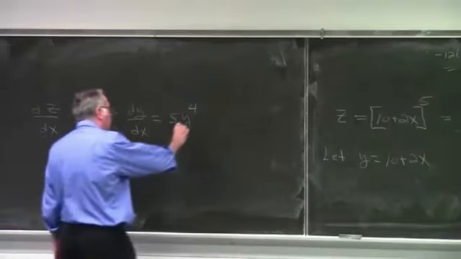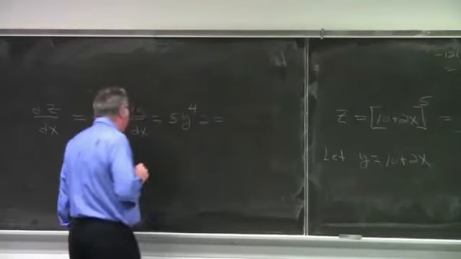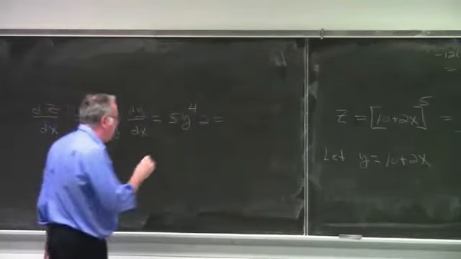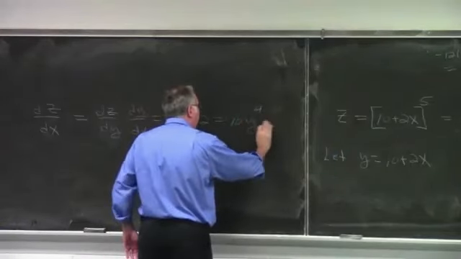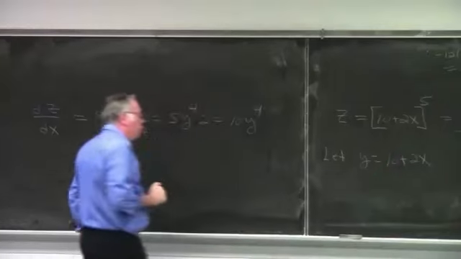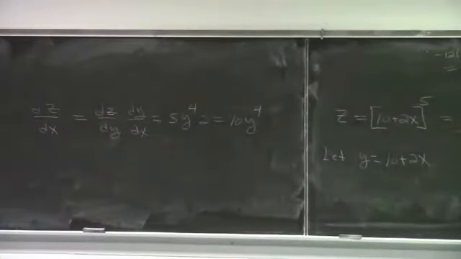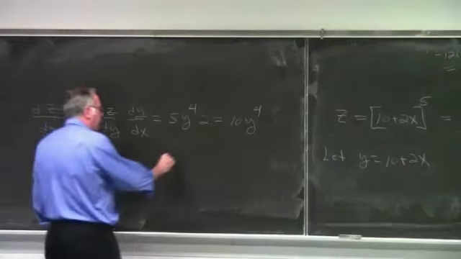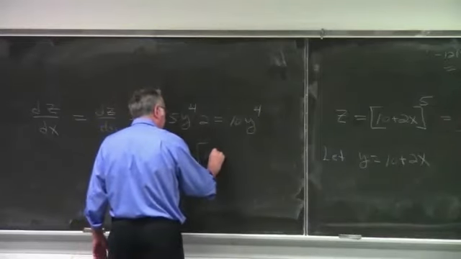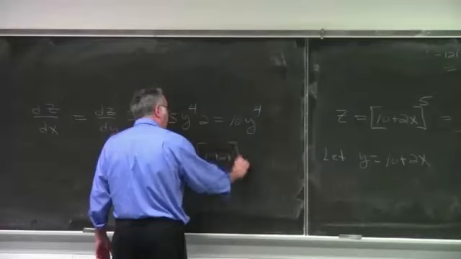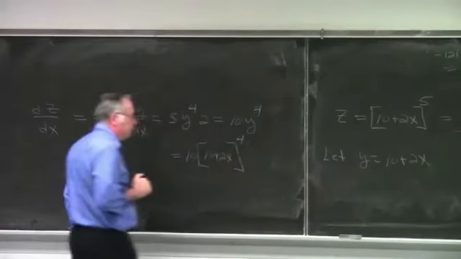So dz dx is just equal to 10 y to the 4th. And usually you want to express this in terms of x. So now you just substitute in y is equal to 10 plus 2x. So the answer is 10 times y, which is 10 plus 2x, all raised to the 4th power.